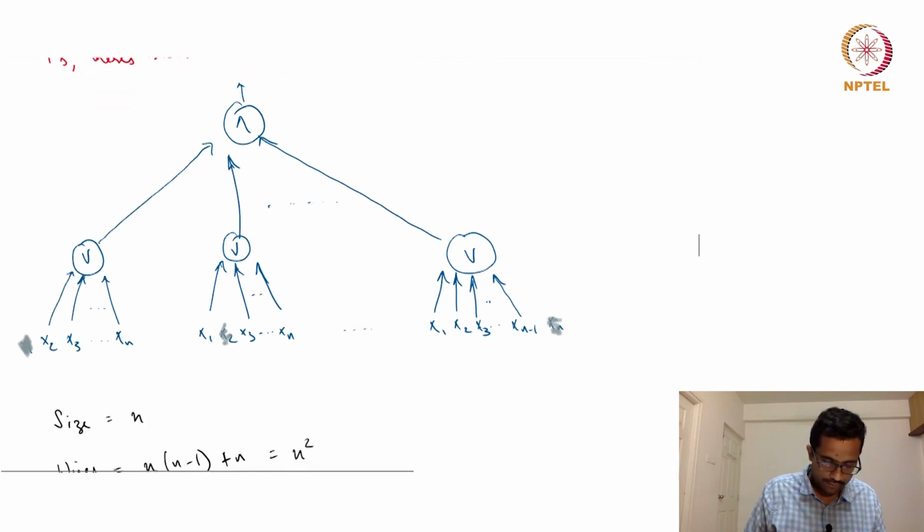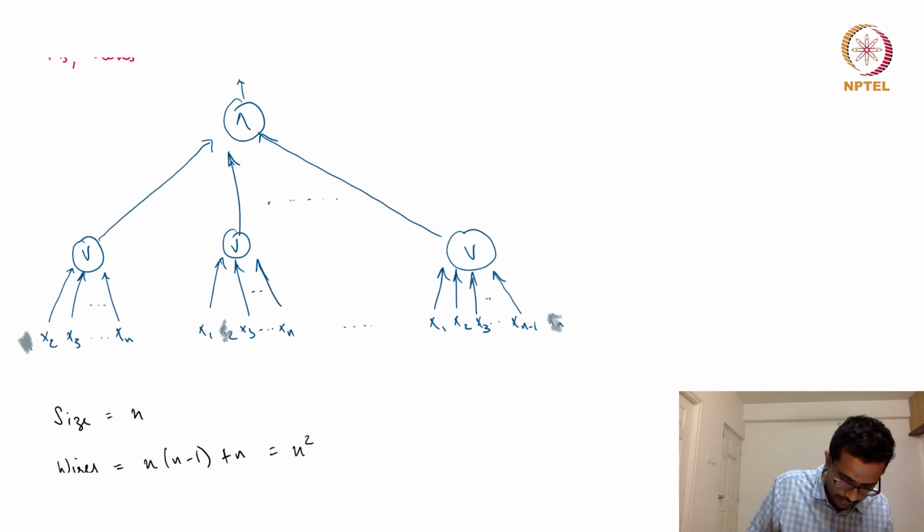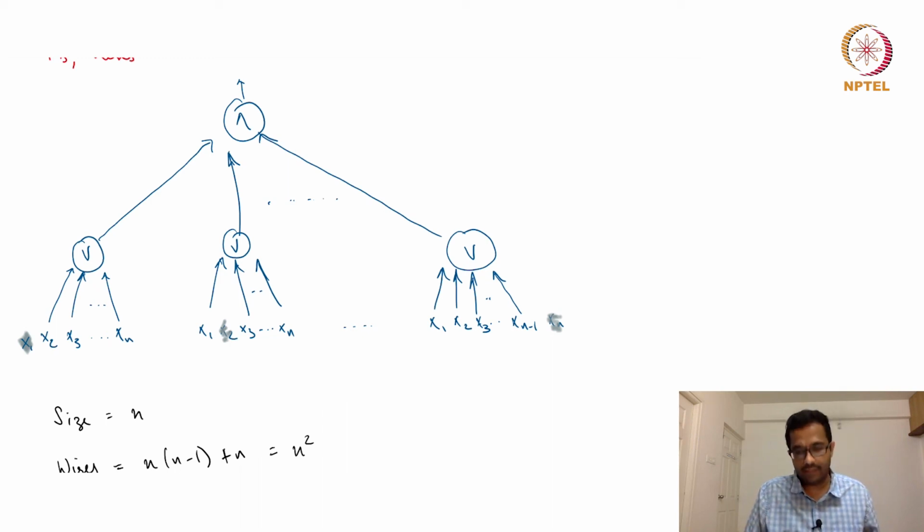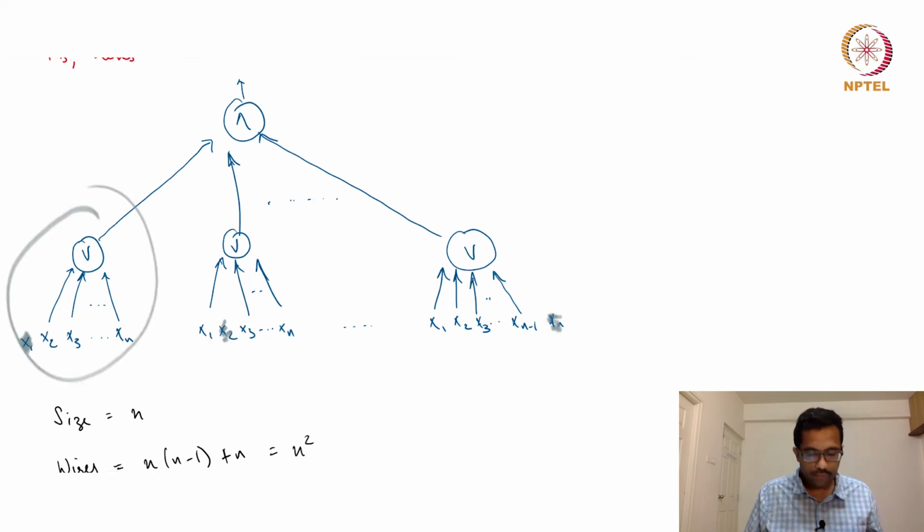So first, maybe I'll just write the x1 here, which I have hidden, then x2 I have hidden, and then x3 I have hidden, and finally xn is being hidden, right? So x1, x2, xn, so this smudging indicates it being hidden, right? And we are taking an OR of all input bits except x1 in the first part.